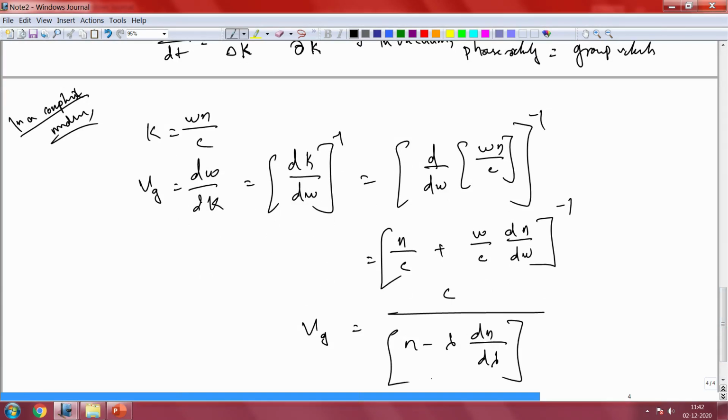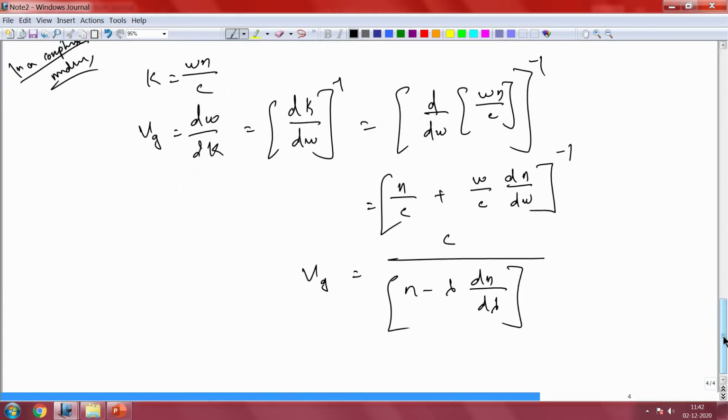We are just changing omega to n by moving around the terms. So k over omega is equal to n over c, so omega equals ck over lambda, for some of you who might want to refer back. So this is your group velocity when it is propagating through a medium.